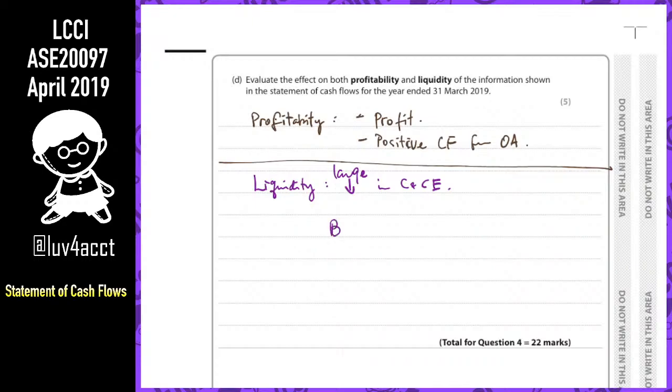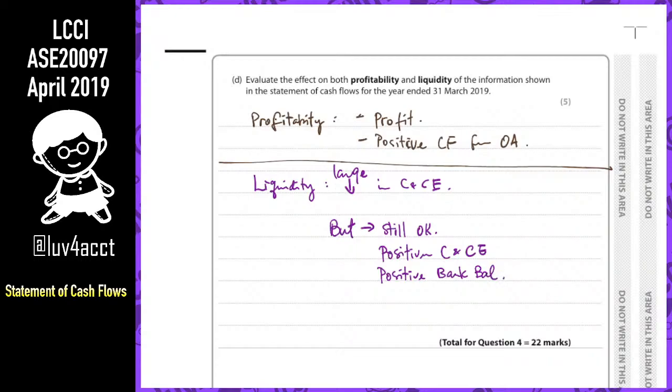But then it is still okay, because you have positive cash and cash equivalent, you have a positive bank balance.